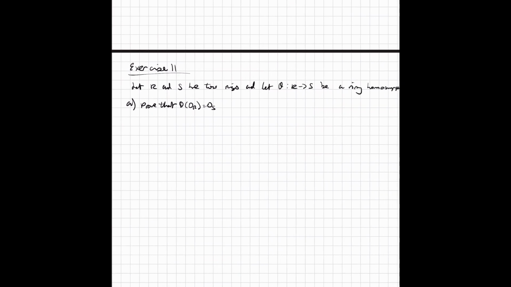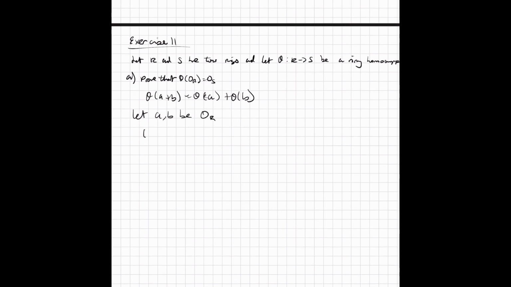So I'm going to start by using one of the definitions for ring homomorphisms, which is theta of A plus B equals theta A plus theta B. And then I'm going to let A and B, in this instance, be 0R. So I'm going to rewrite this as theta of 0R plus 0R equals theta 0R plus theta 0R.